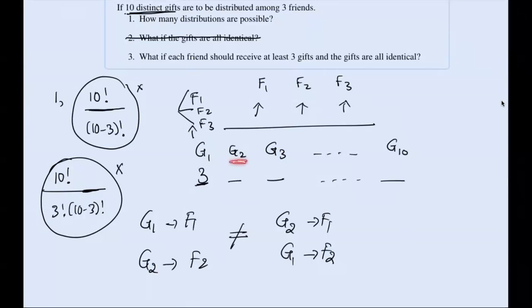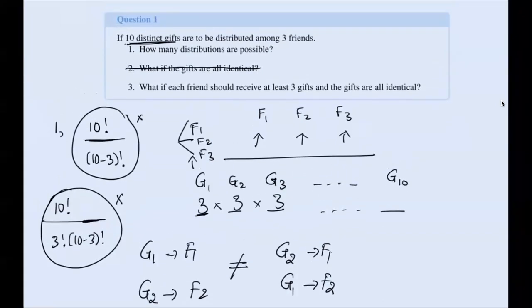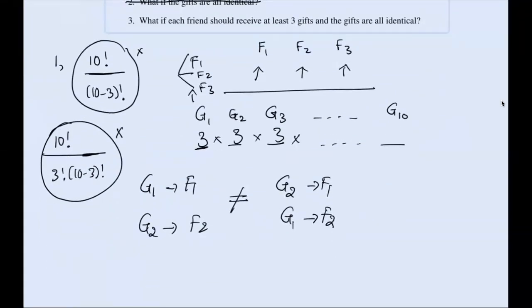Similarly, for gift two, I can give it to friend one, friend two, or friend three. So I also have three choices. Similarly, for every gift. So you would have 3 to the power of 10 ways to distribute the gifts.